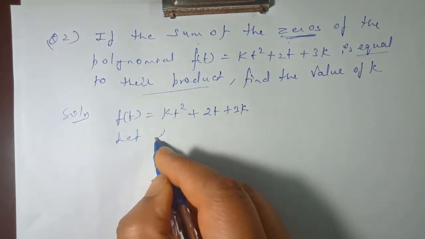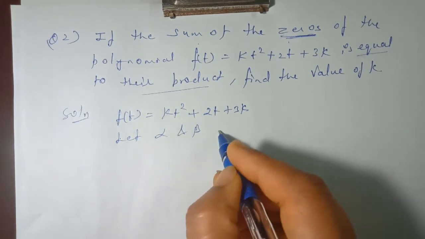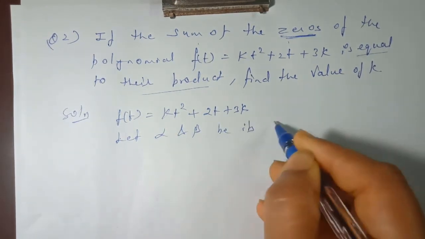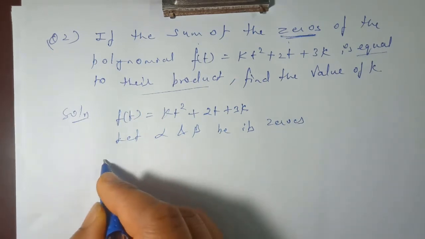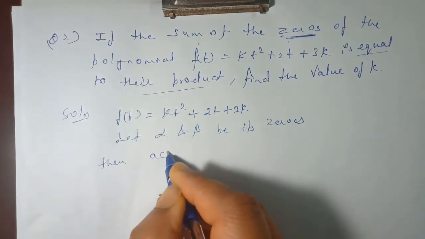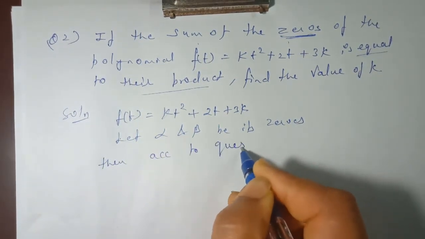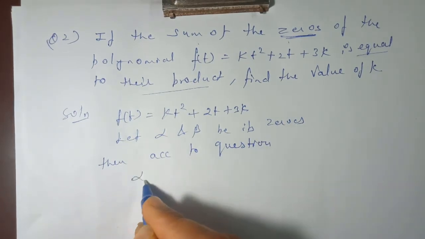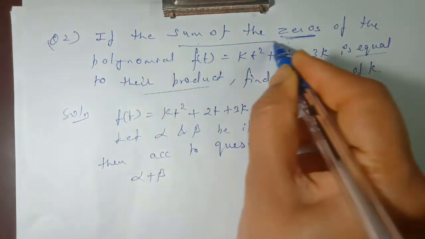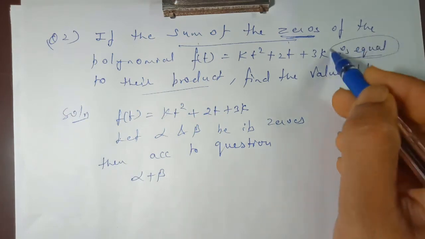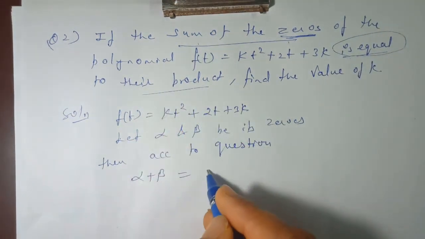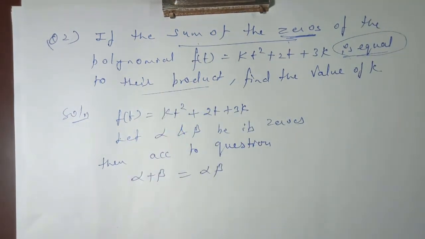Let alpha and beta be its zeros. Then according to the question, the sum of zeros, alpha + beta, is equal to their product, alpha beta.